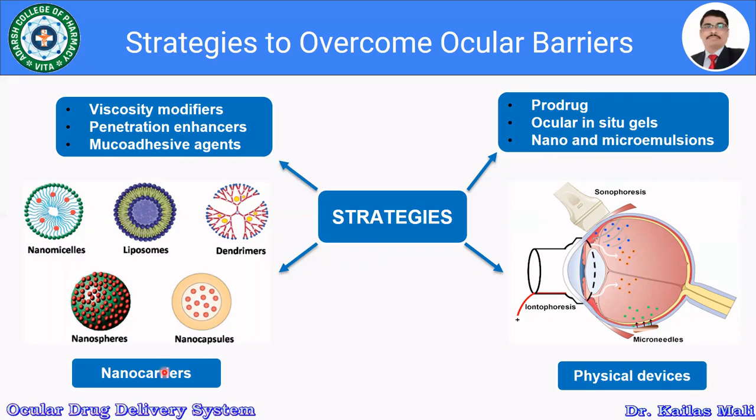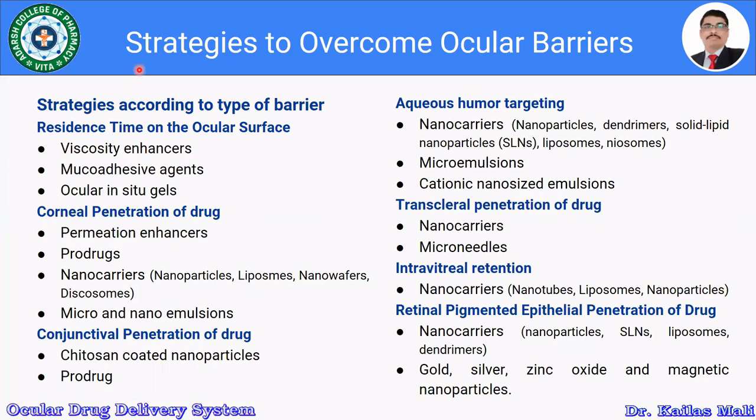Furthermore, we can use nanocarrier systems like nanoparticles, nanomicelles, liposomes, and dendrimers, and physical devices like microneedles, iontophoresis, or sonophoresis. So let us see the various approaches to improve ocular permeability.